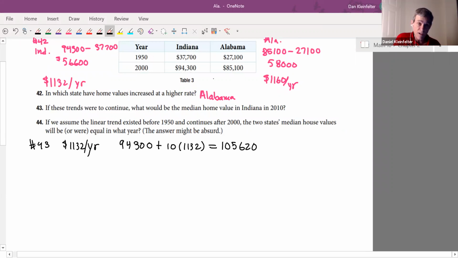Was there a year where the values were the same? So to do that, we're going to want to figure out the equation of the line for both, and then we'll end up setting them equal to each other, or perhaps using a graph to form the solution. So give me a minute and I'll put down the equations of the two lines.